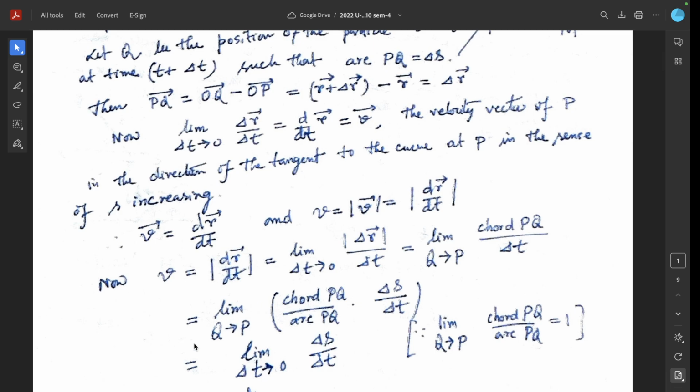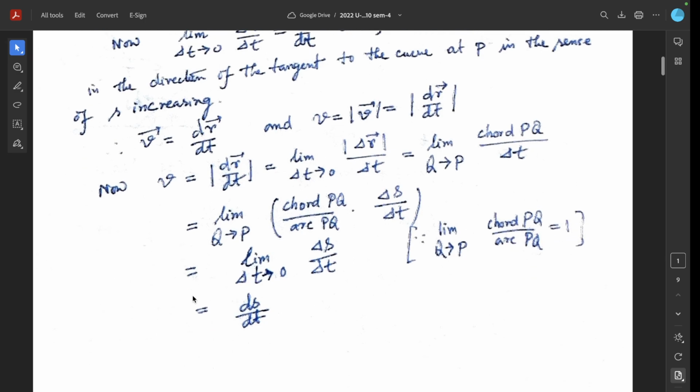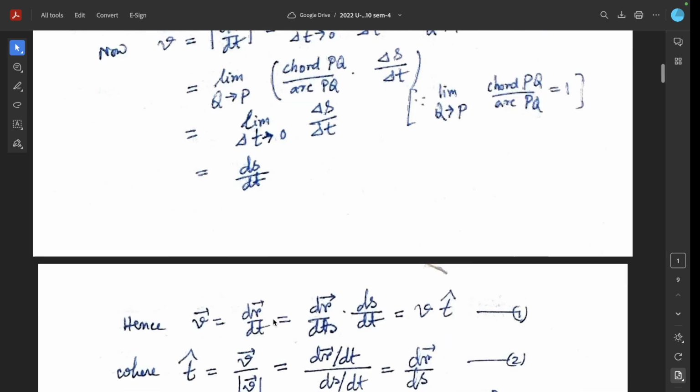That is, limit Q tends to P, chord PQ by arc PQ into delta S by delta t. Because limit Q tends to P, chord PQ by arc PQ equal to 1, this gives d/dt of s.